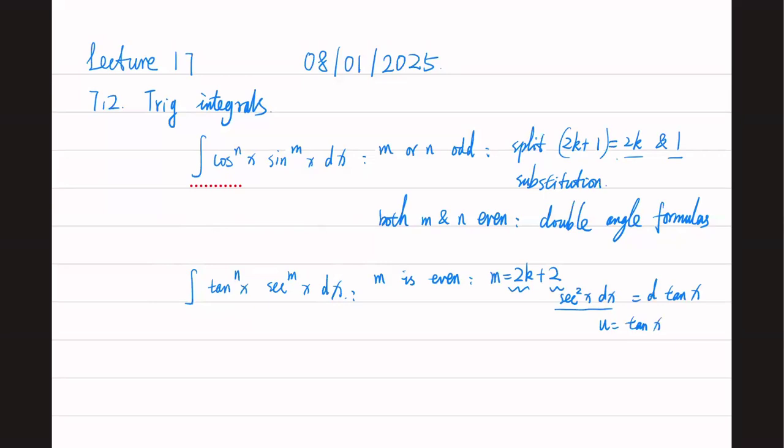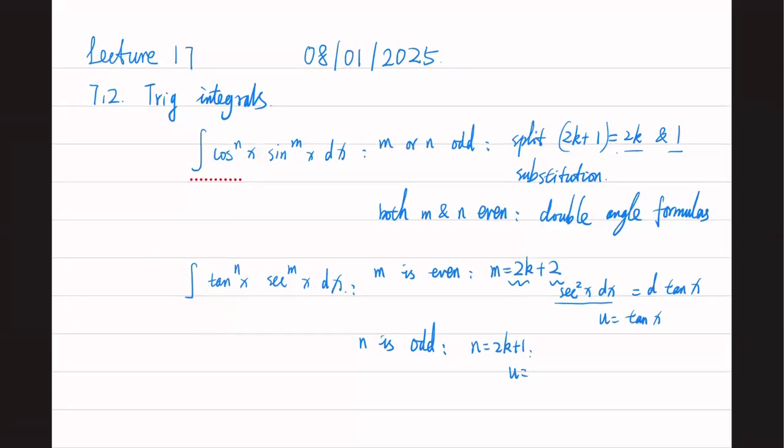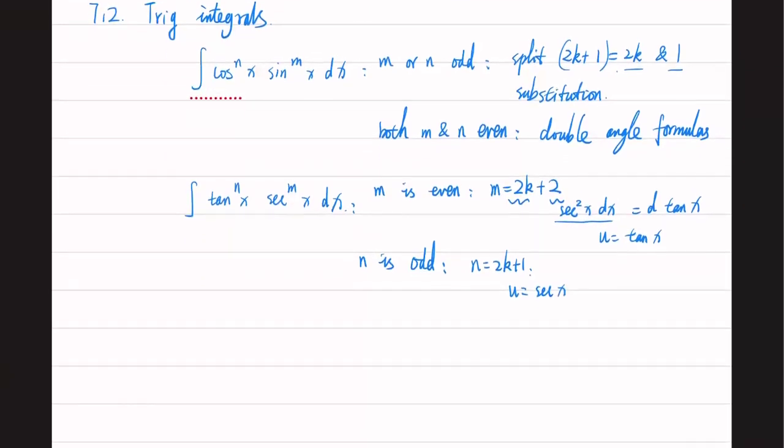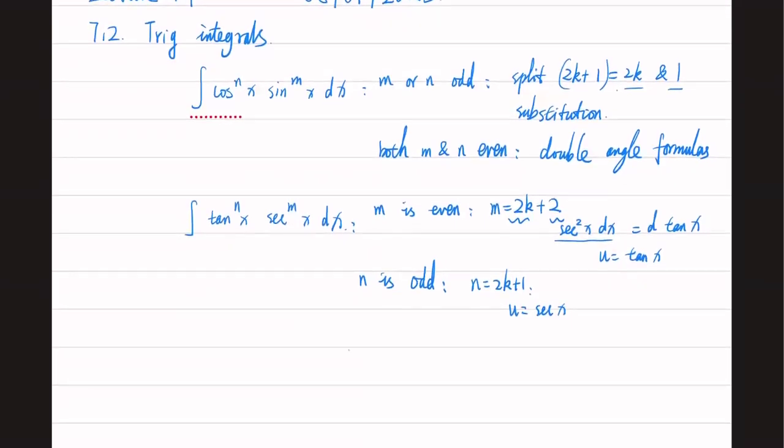If n is odd, we can split one of tangent and one from secant. The remaining case is actually a case by case study. Remaining case, m odd and n even, trig identities.